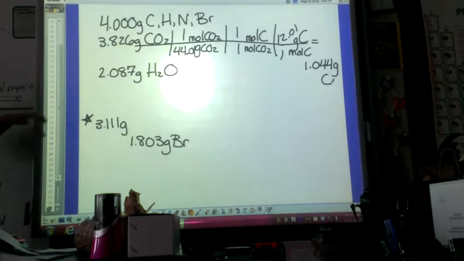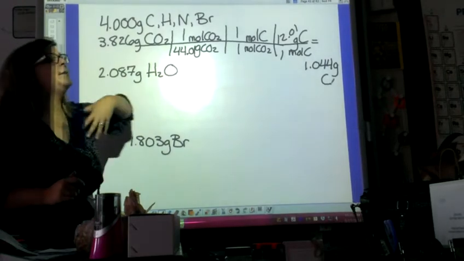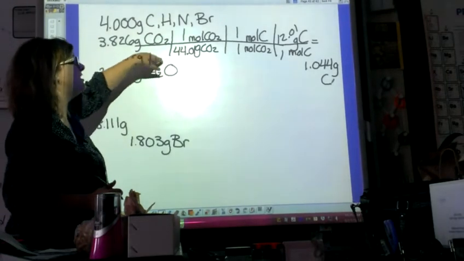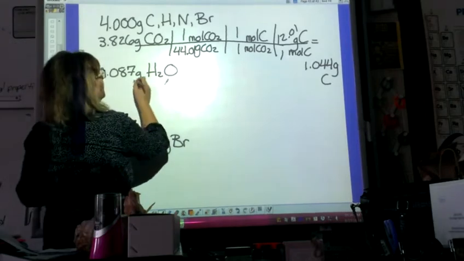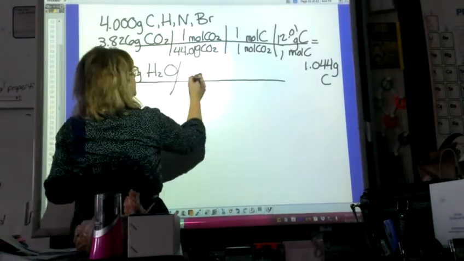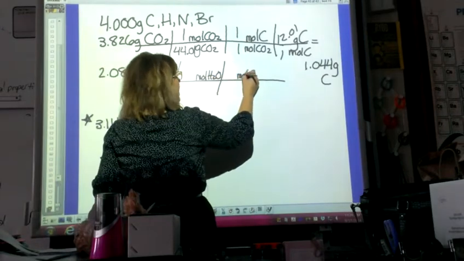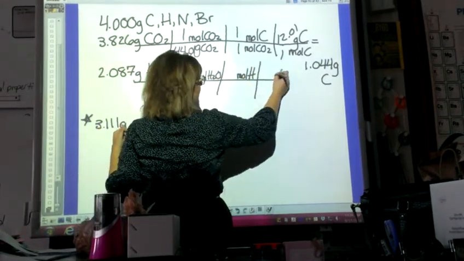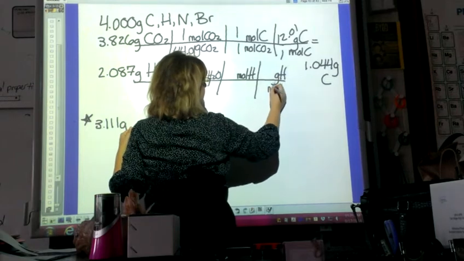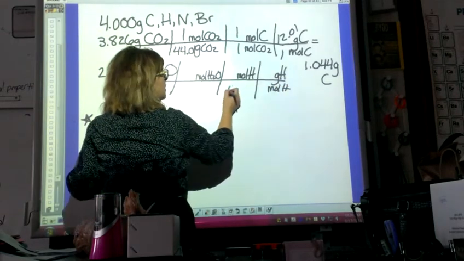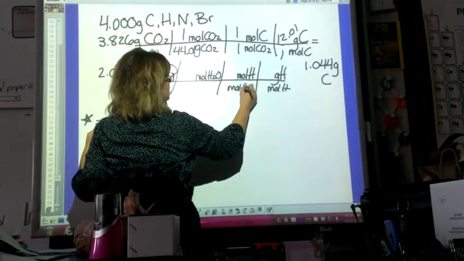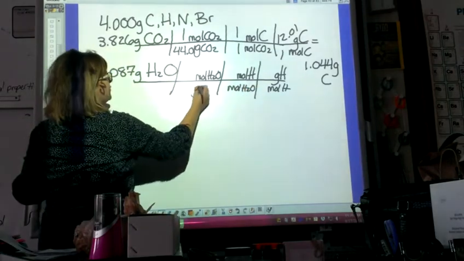The next easiest one, I think, will be water. I'm going to do a very similar process like what we did here. So I'm going to go from grams of water to moles of water to moles of just a single hydrogen, and then to grams of hydrogen.